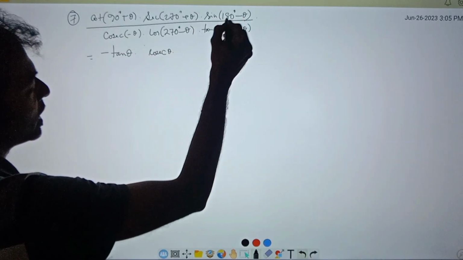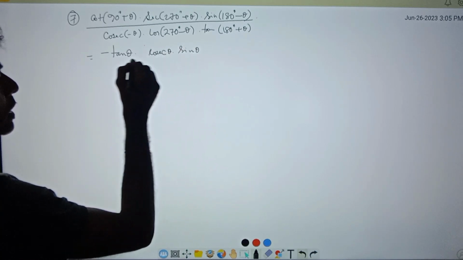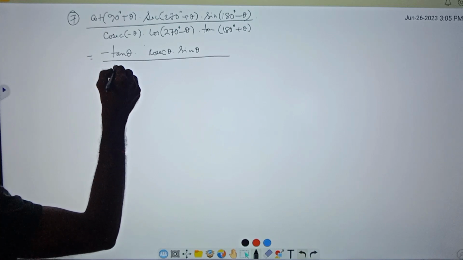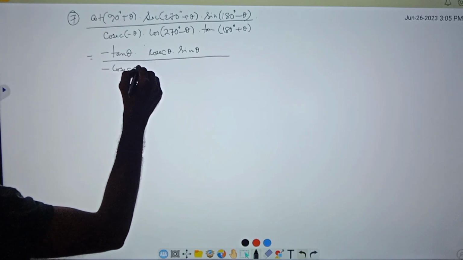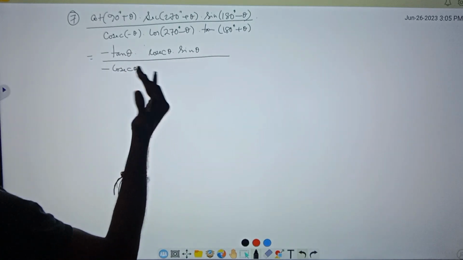And here sine of 180 minus theta, definitely it will be sine theta, divided by cosec of minus theta, that will be minus cosec theta. We all know that sine of minus theta and cosec of minus theta come with minus sine theta and minus cosec theta.